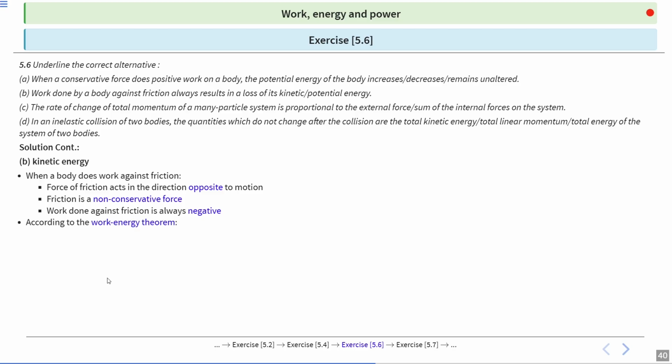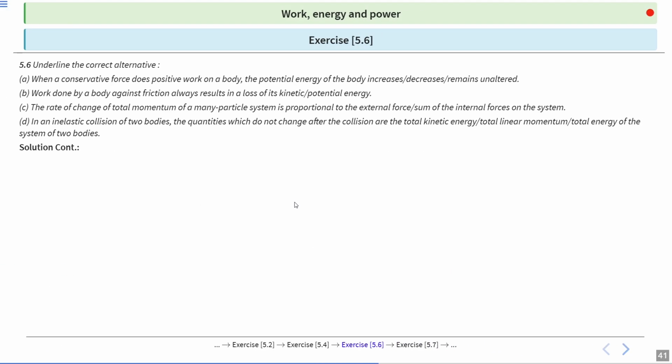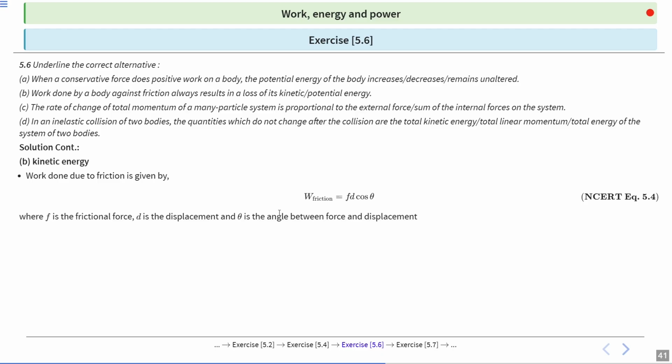So according to the work energy theorem, W is equal to the change in kinetic energy. It means final kinetic energy minus initial kinetic energy. Now here the work done due to friction is F d cos theta. F is the frictional force, d is the displacement, and theta is the angle between force and displacement.